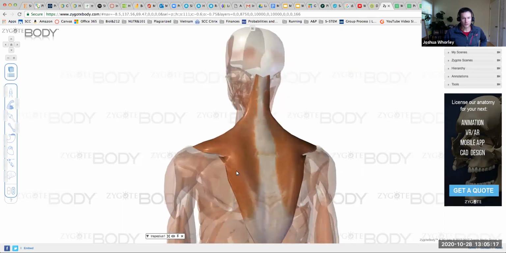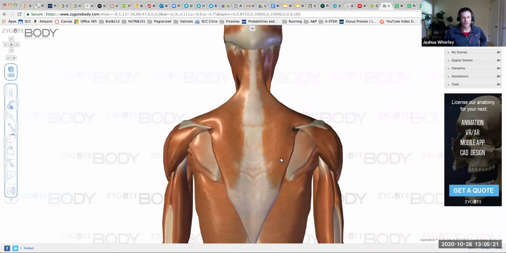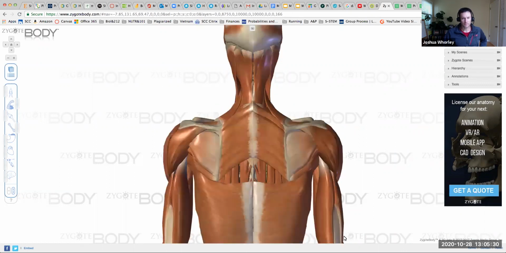The rhomboid major and minor. So these are actually deep muscles. They're not terribly deep, but they are underneath the trapezius. So if we just take off the trapezius here, then we can see our rhomboids, right? So here's our major, right? It's the big one. So just like our zygomaticus major and minor, right?